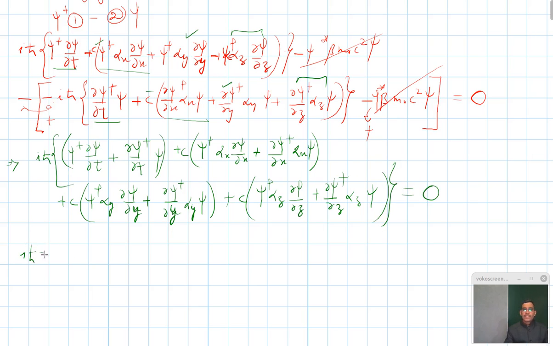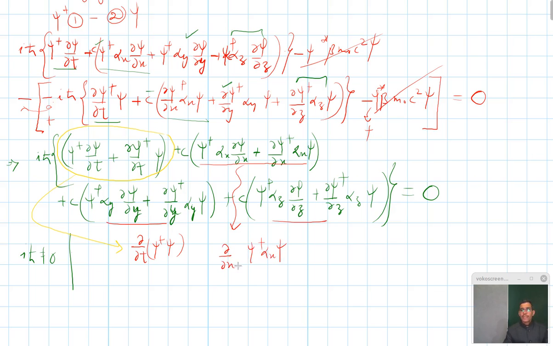Here iota h cross is not equal to 0. That means the rest of the terms will be equal to 0, and if I try to look at this part, then this part can be written as curly over curly t psi dagger psi, and similarly this term can be written as curly over curly x psi dagger alpha x psi, and similarly the rest of the terms can be written, right?